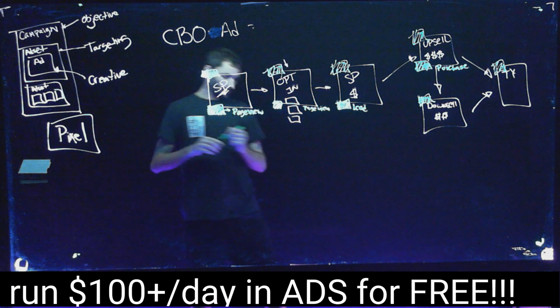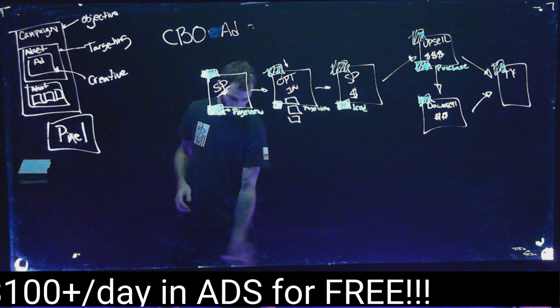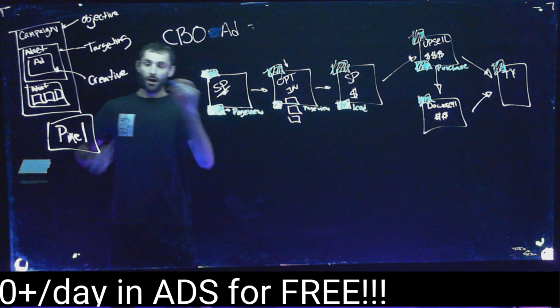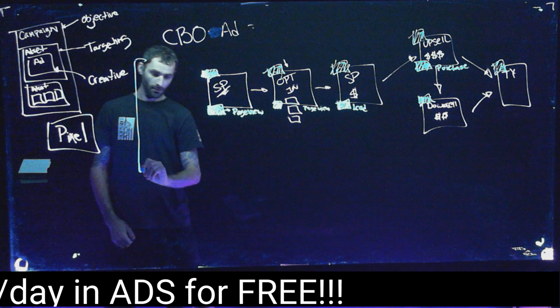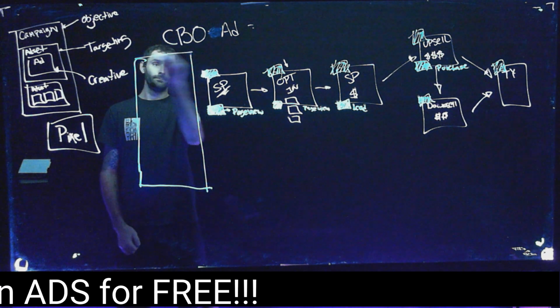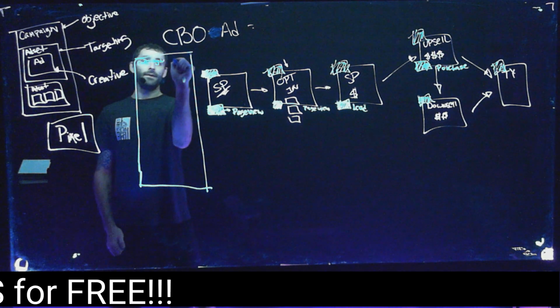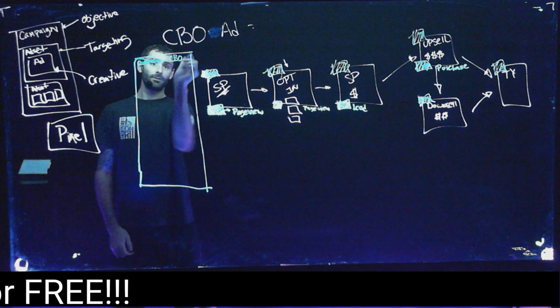So whenever I'm over here, let me show you how this works. First, I'm going to create a Facebook campaign, okay? And this is going to be a campaign budget optimized campaign.